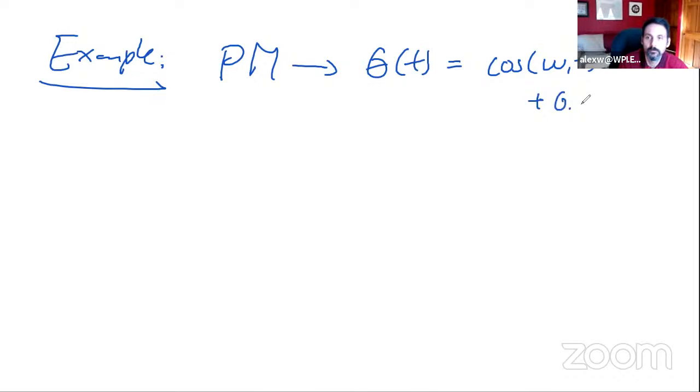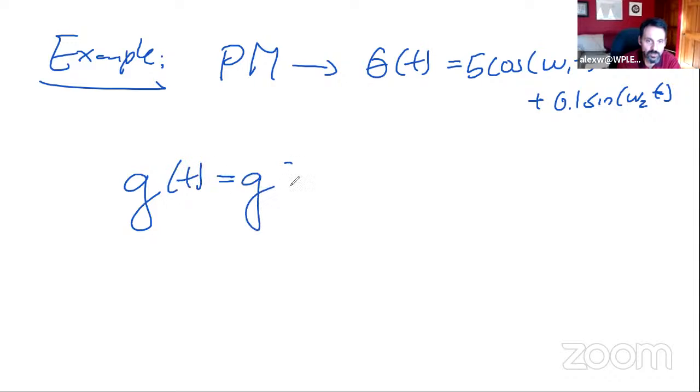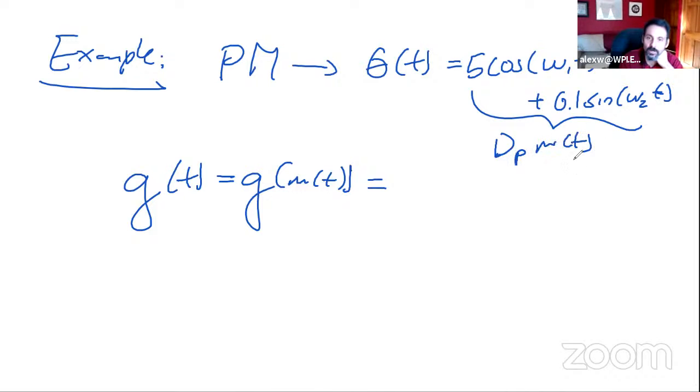Let's say that's 5. If I have something like that, using the definition, g of t is equal to g_m of t. Suppose my message is kind of boring. It's this thing here, and somewhere in there is d_p, m of t.